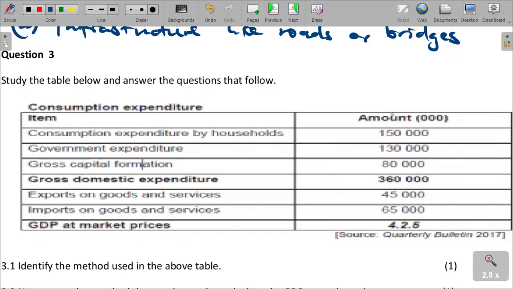What needs to be understood here is consumption expenditure by households, government expenditure, gross capital formation, and added together we have gross domestic expenditure. Then exports of goods and services and imports of goods and services, and GDP at market price, which is given there.